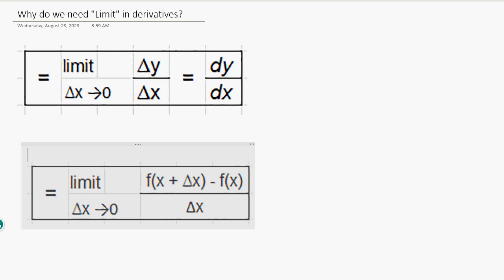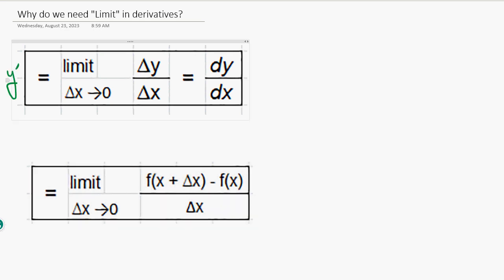Now you are proud calculus folks, and the calculus folks get a new way to calculate slope. The new way is the derivative, y prime, or you can write f prime. Okay, this looks familiar.